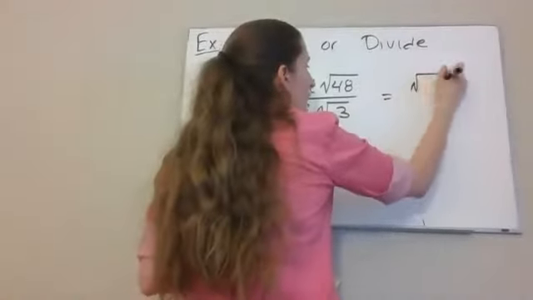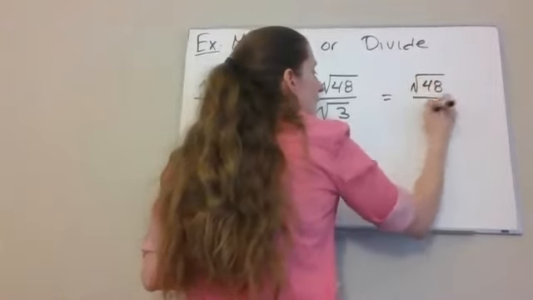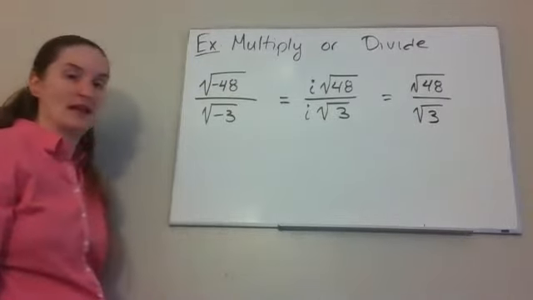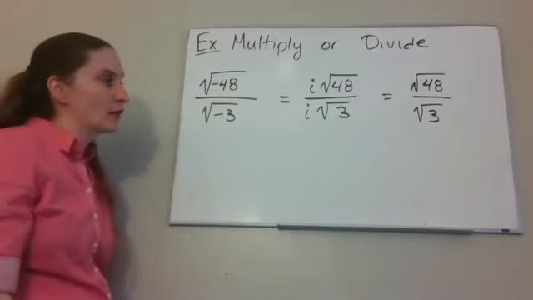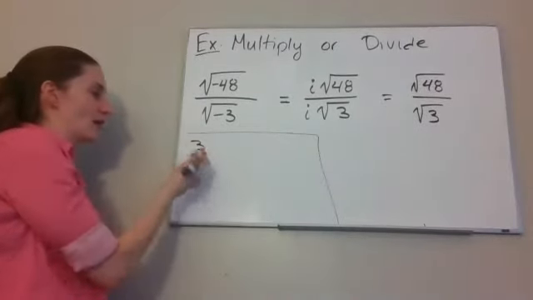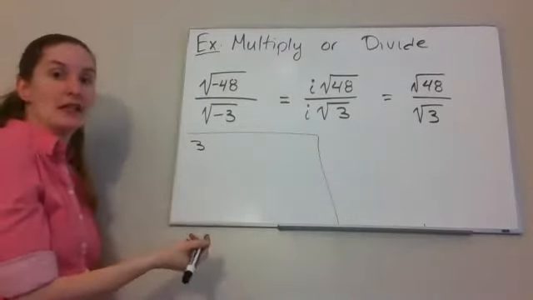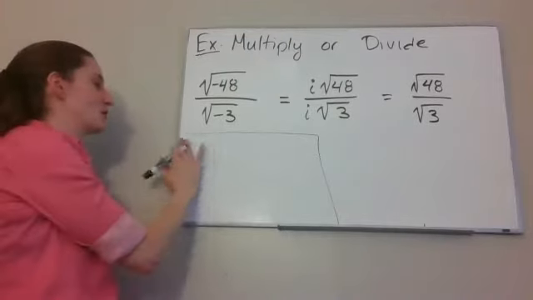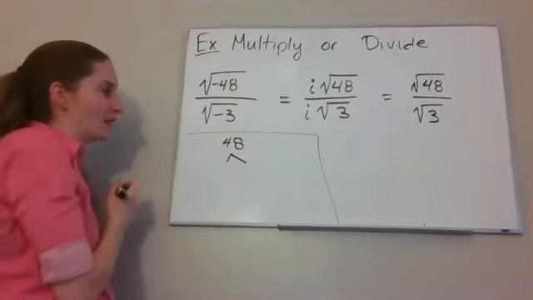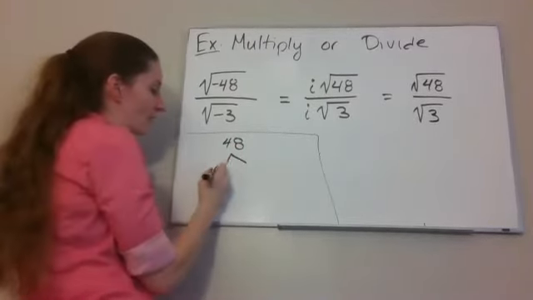So I have square root 48 over square root 3. And now we just have to see, can we simplify this anymore? Square root of 3, if I tried to simplify that, well, 3 is just 3 times 1. I can't break it down, so I can't simplify that root. But 48, I can. If I find two things that multiply to 48, well, I think of 6 and 8.